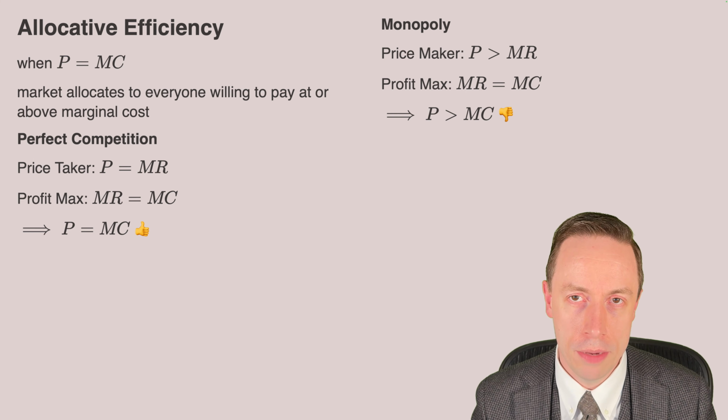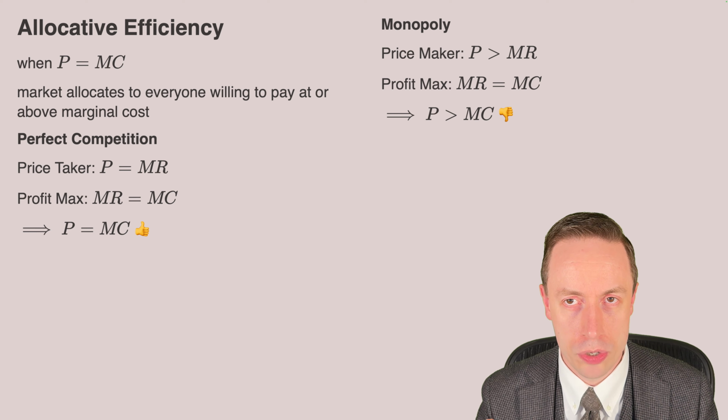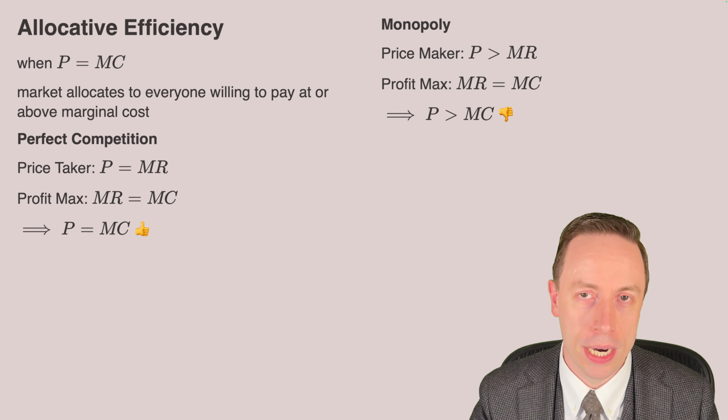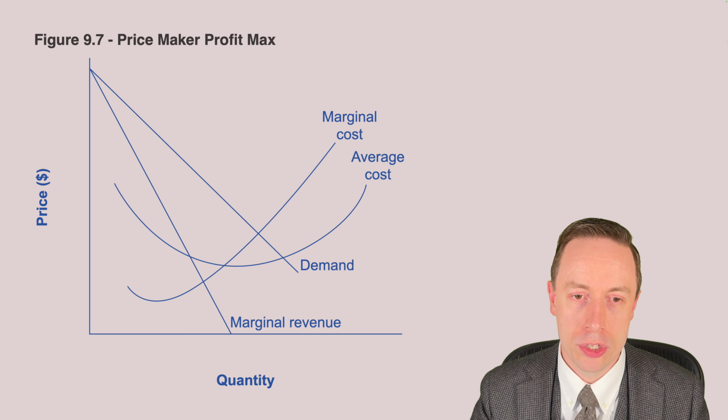So one more time, let's practice how to do profit maximization for a monopolist. And we're going to put that together here with just keeping the allocative efficiency idea in the back of our mind. Here is one more monopolist with its 4 relevant curves.